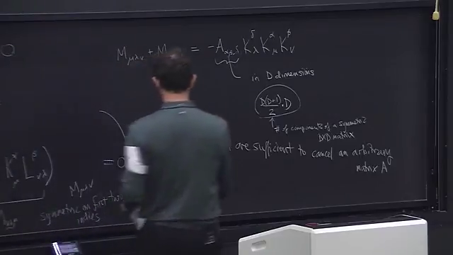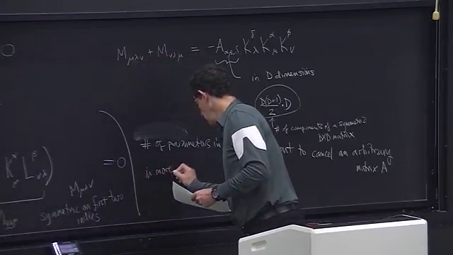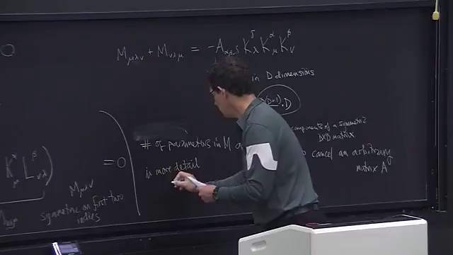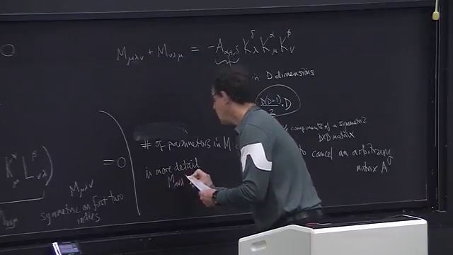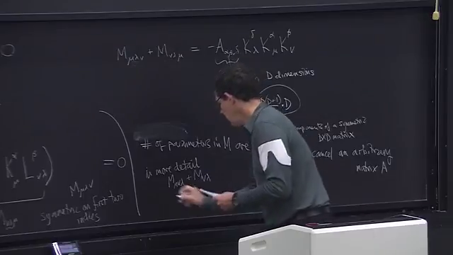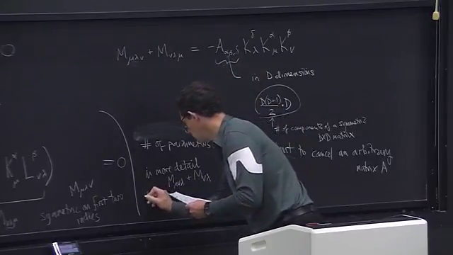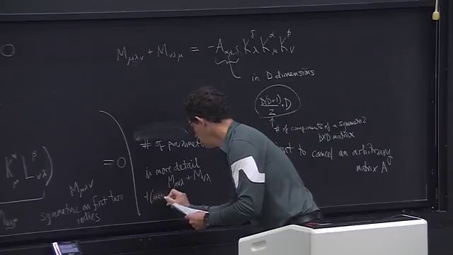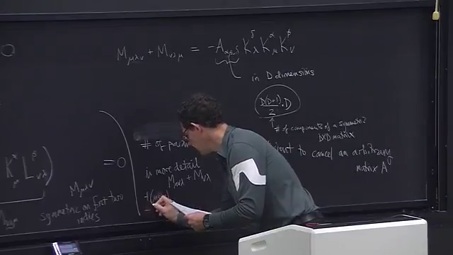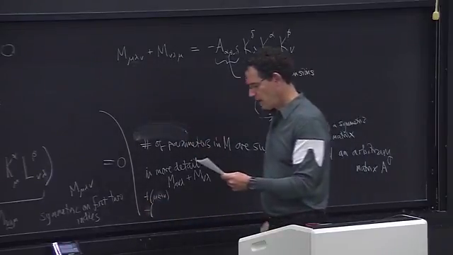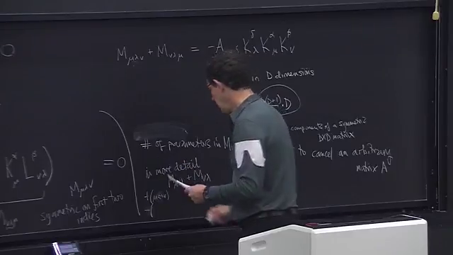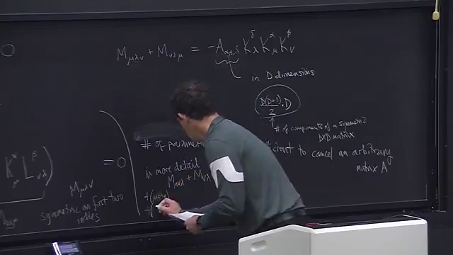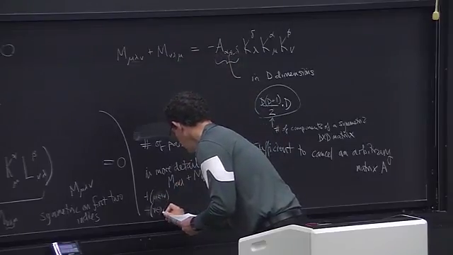But in more detail, you could write down M mu nu lambda plus M nu lambda mu, and then add to it the equation with mu replaced by nu, and then subtract from it the equation with the second and third indices interchanged, so nu replaced by lambda.